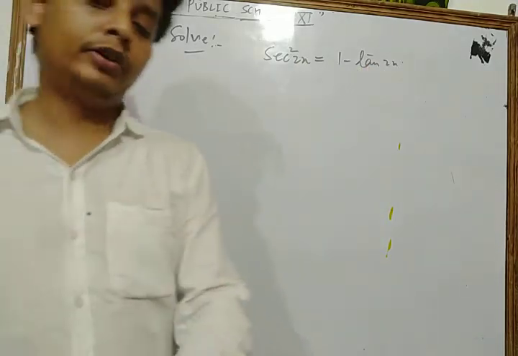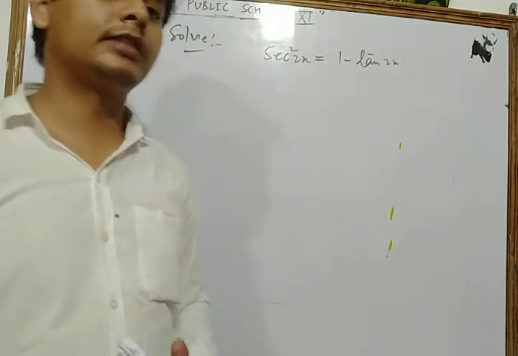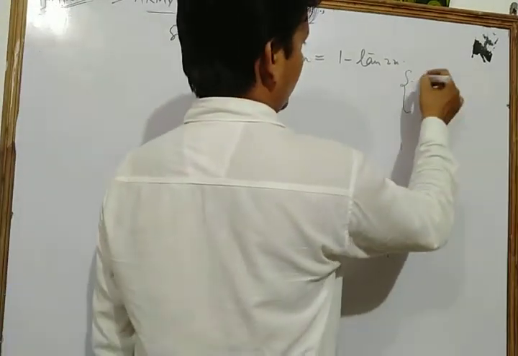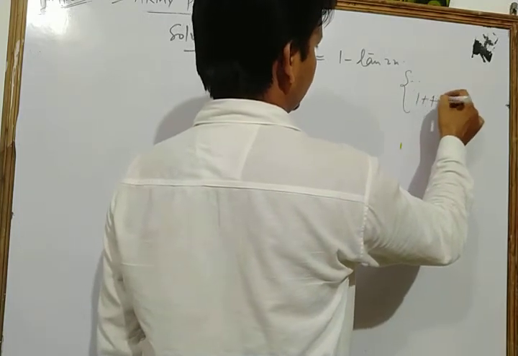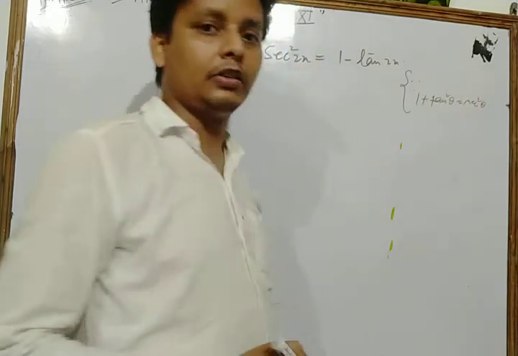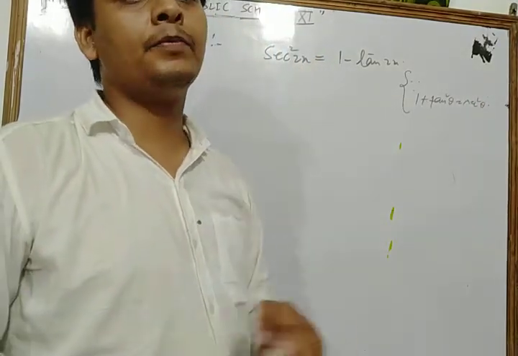Let's see. First, dear students, we convert into the same trigonometric function as tan x, and we know that 1 plus tan square theta is sec square theta. We know that, right? 1 plus tan square theta is sec square theta.